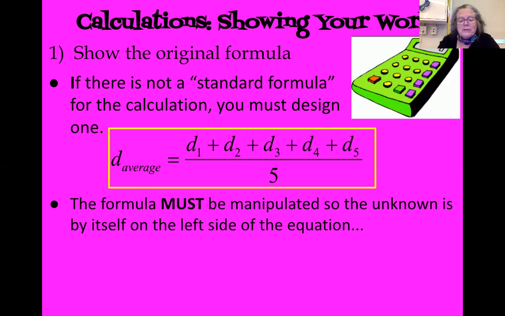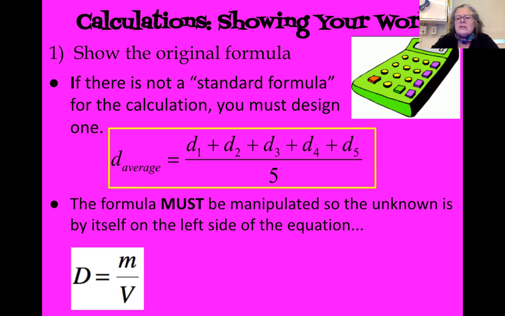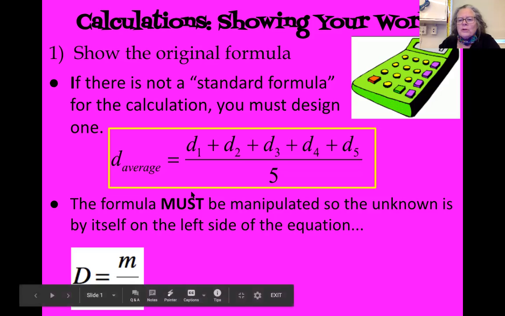But for example, this is a difficult one to do it with. So let's look at the density formula. You have density as mass over volume. So that's great for calculating density. However, what if you're given the density and the volume and it asks you to solve for mass? Now, I know you could do this without manipulating the formula, but the rule is you need to manipulate the formula.